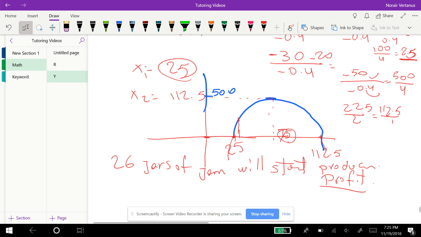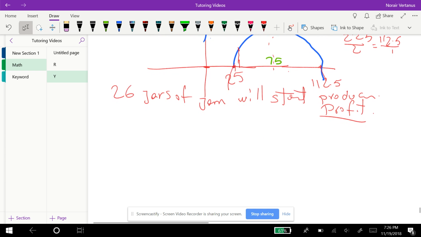So x is 75, and we have this maximum profit. There's another key point: what is the y-intercept, if they don't sell anything? The y-intercept is negative 625.